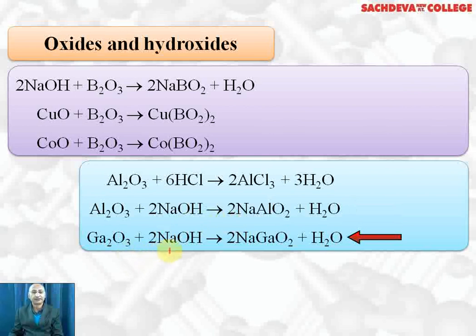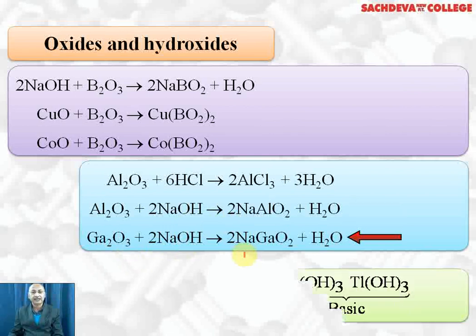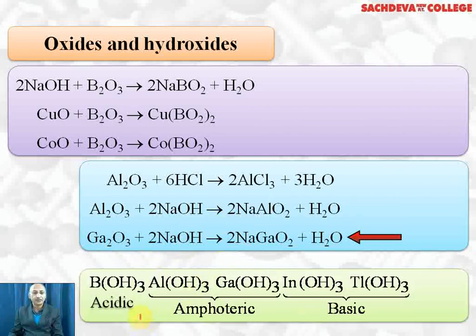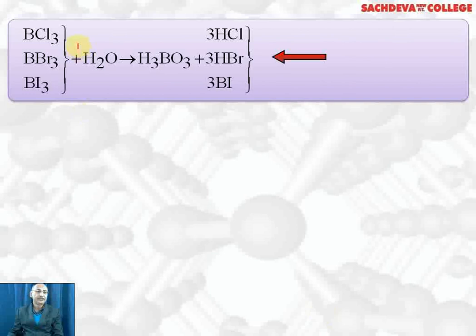It forms, with 2NaOH, sodium metagallate plus water. So boric acid is acidic, aluminium hydroxide and gallium hydroxide are amphoteric in nature, whereas indium and thallium hydroxides are basic in nature. BCl3, BBr3, BI3 all on hydrolysis will give boric acid, plus 3HCl, 3HBr and 3HI respectively will be formed.